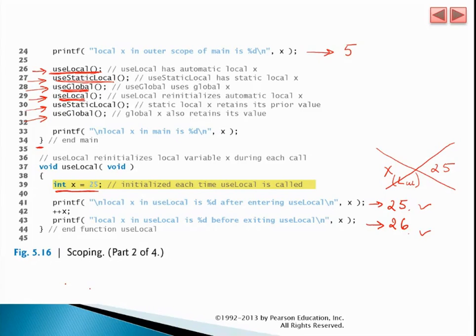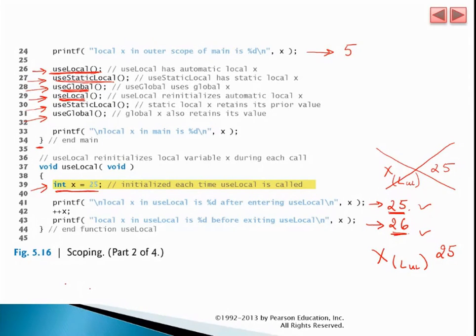And since x was destroyed, when we execute this particular line, it will get created again. And what will be the value of this? 25. So if we print, 25 will get printed and 26 will get printed.